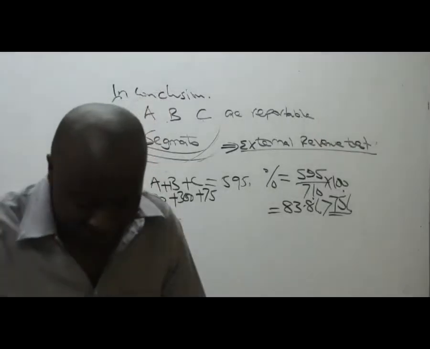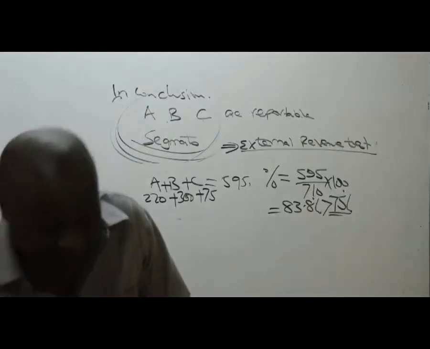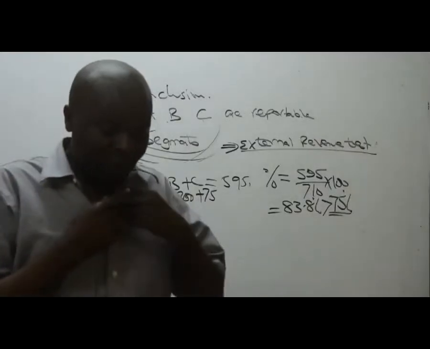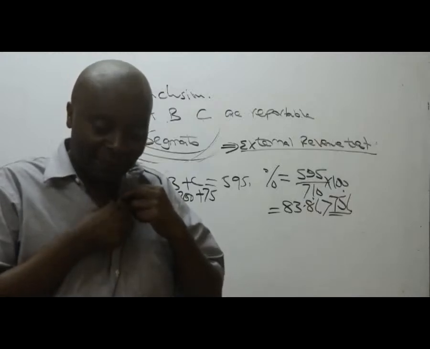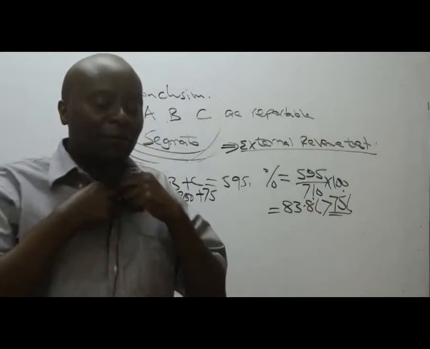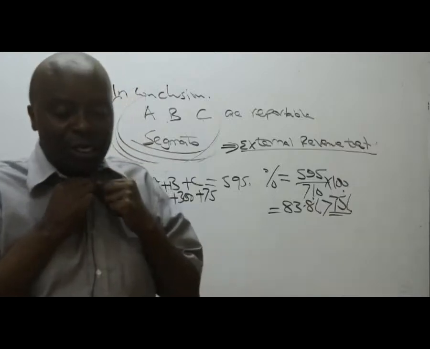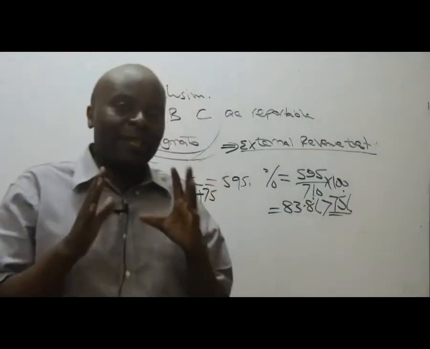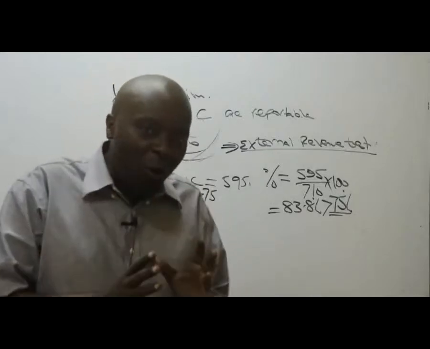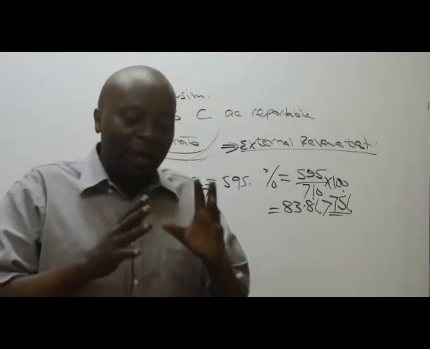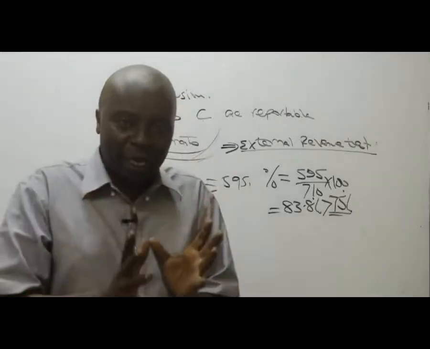Now, ladies and gentlemen, we've come to the end of that particular presentation. I'm so sure you must have picked a few things here and there. The major thing that you must have picked out of this illustration is that when you are doing segmental reports, anything that is internal, like internal sales, must be subtracted.